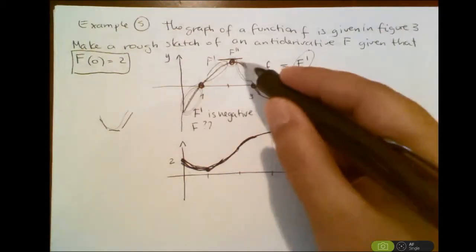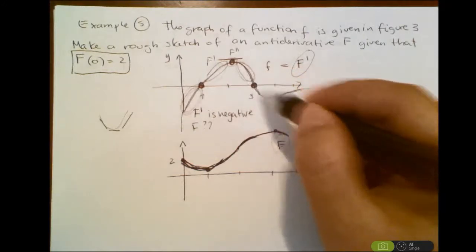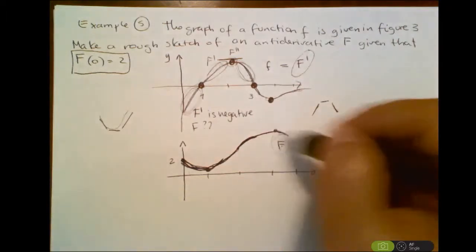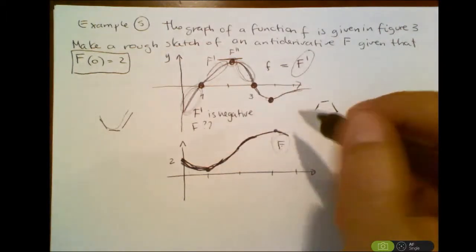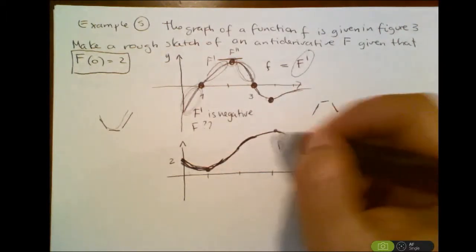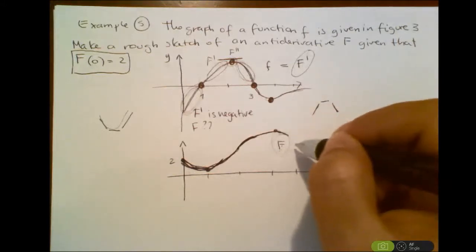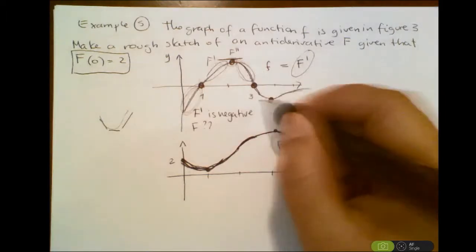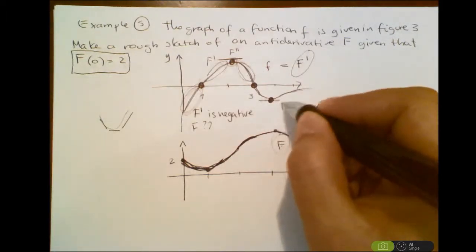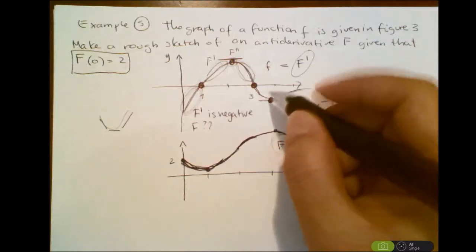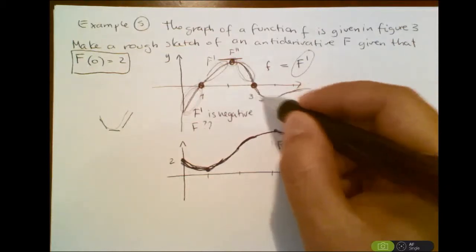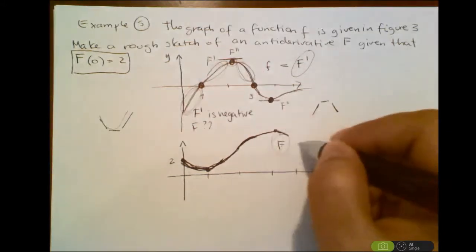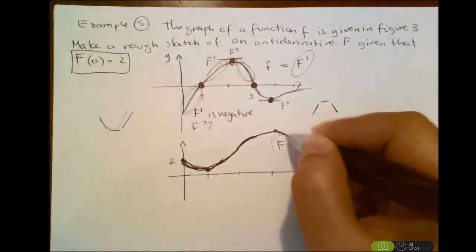Now notice how the second derivative of capital F is negative, so the function still concaves down. And then at 4 the second derivative is 0, and you can see how it is negative and then positive. So again, 4 is another point of inflection.